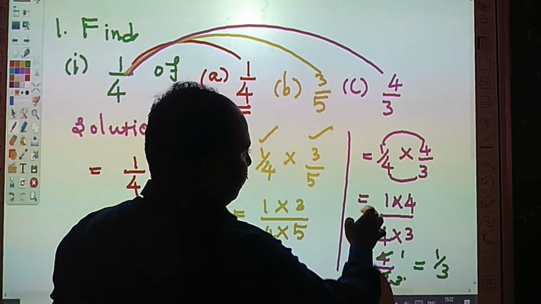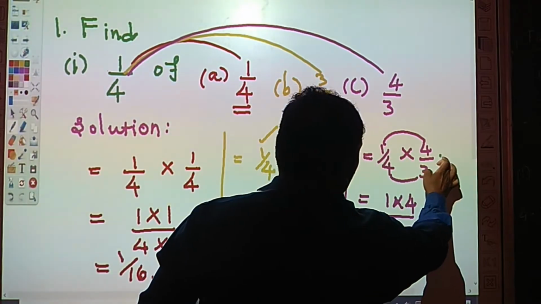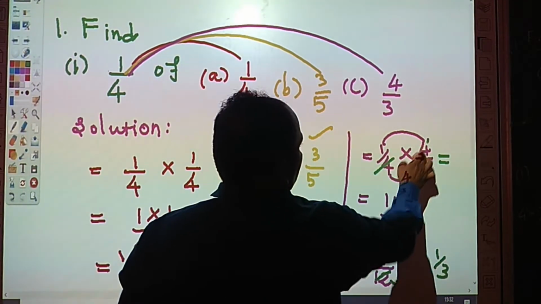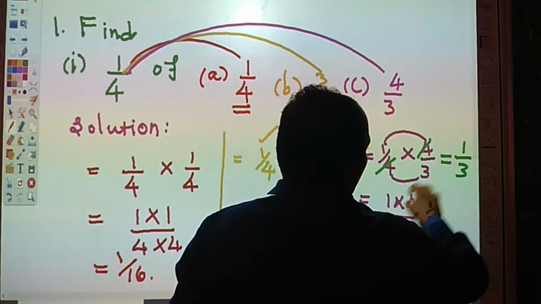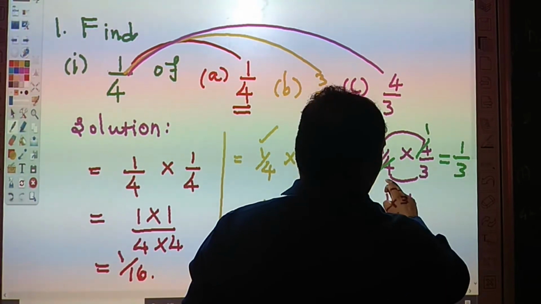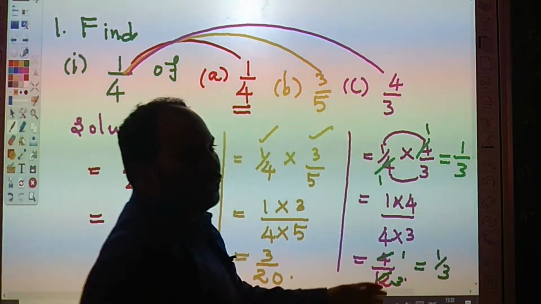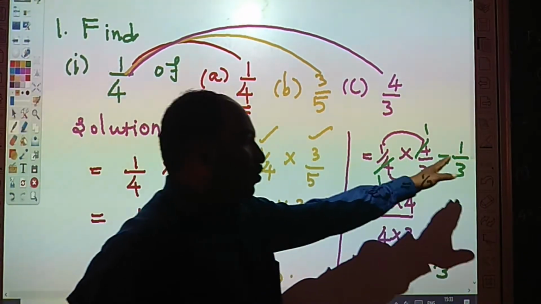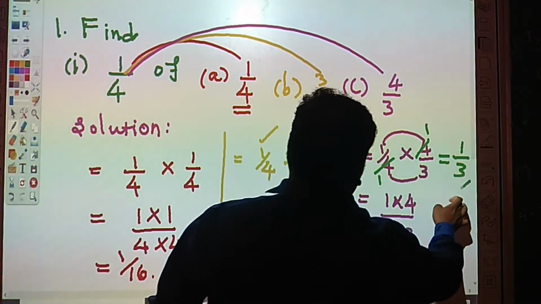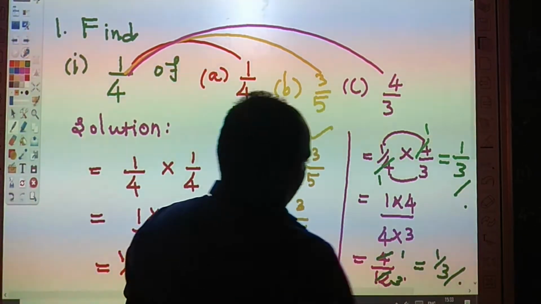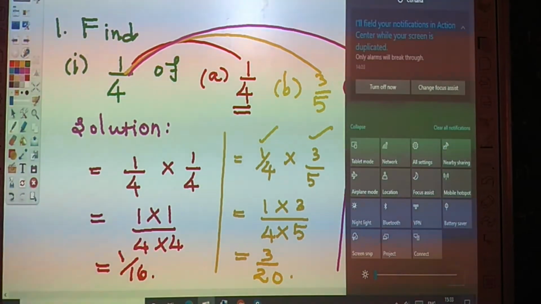Listen here. Just solve: 4 and 4 cancel. 1 into 1 is 1, and 1 into 3 is 3. So our answer is 1 by 3.